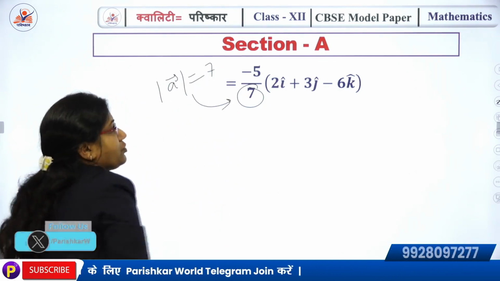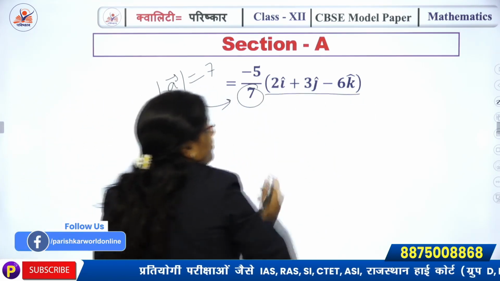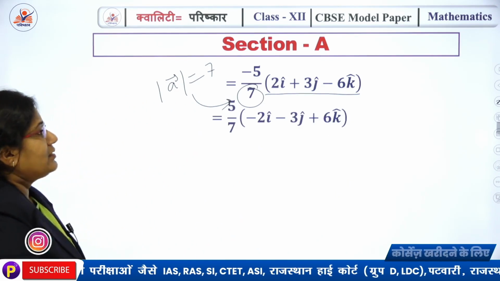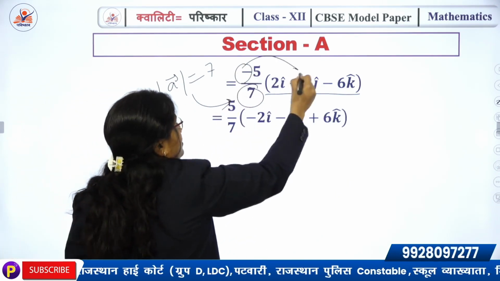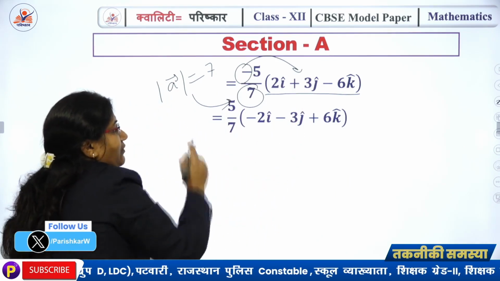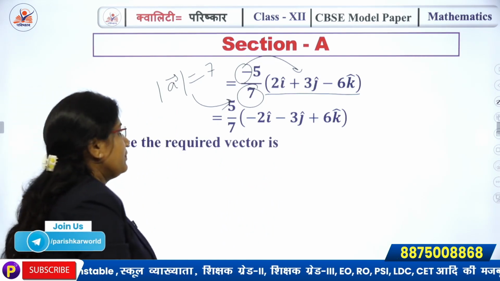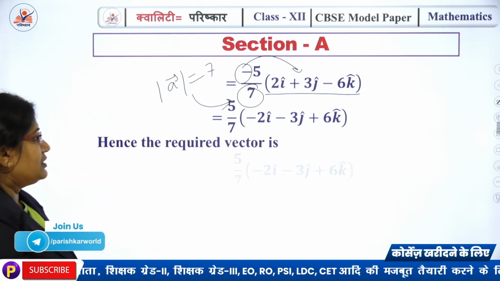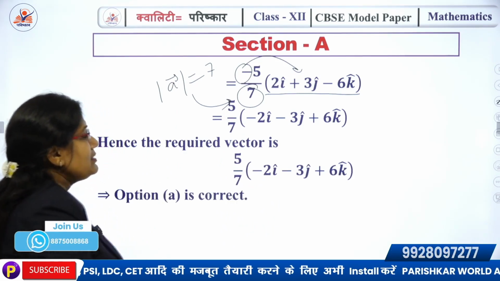Okay, student? So minus 5 upon 7 and vector A, which is 2i cap plus 3j cap minus 6k cap. After multiplying by this minus, the vector is 5 upon 7 times minus 2i cap minus 3j cap plus 6k cap. Hence, the required vector is 5 upon 7 times minus 2i cap minus 3j cap plus 6k cap.